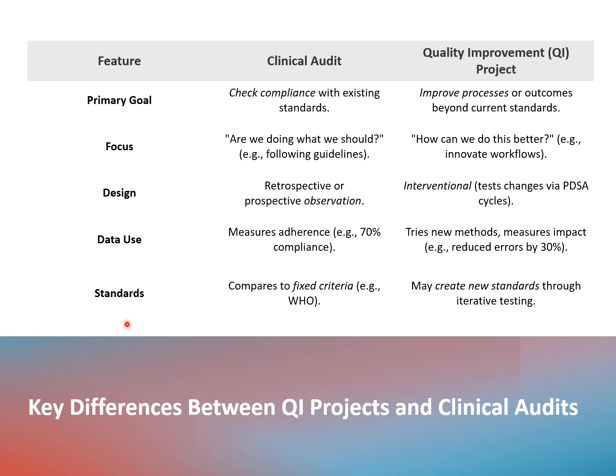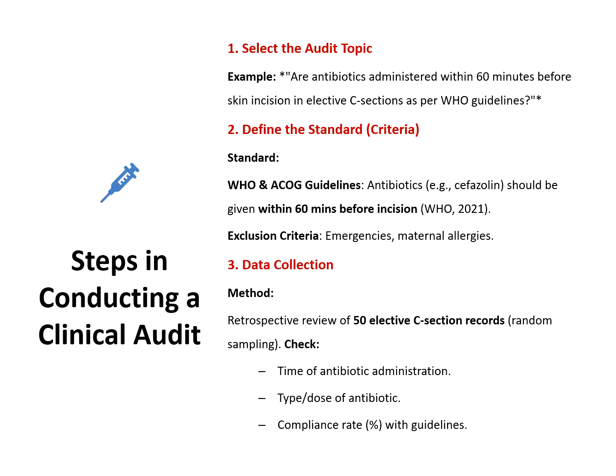While comparing to standards, clinical audit compares to fixed criteria, for example, a WHO standard or a guideline by a Royal College or any other international guidelines, while QI may create new standards through iterative testing. So these are a few key differences between CA and QI.